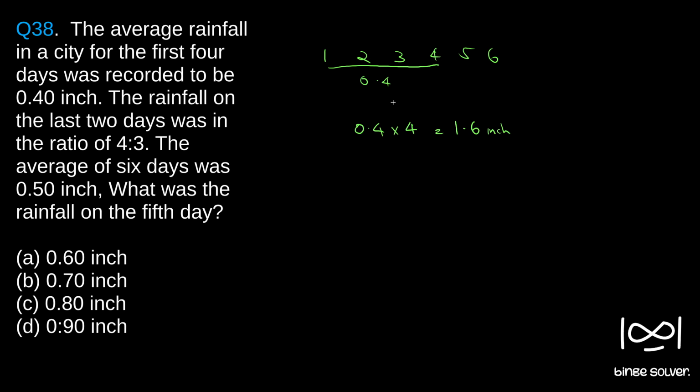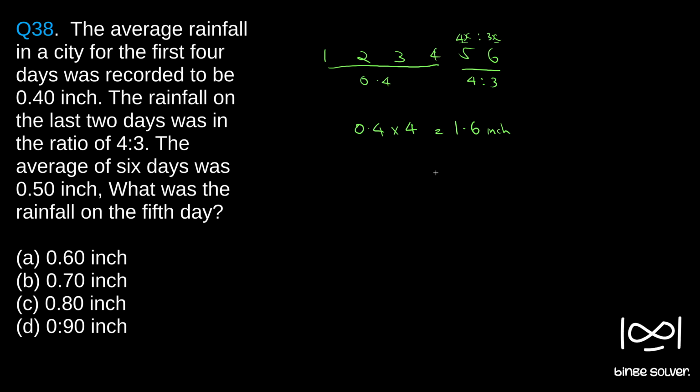It is given the rainfall on the last 2 days was in the ratio 4:3. The rainfall that fell on the 5th and 6th days was in the ratio 4:3, so let it be 4x and 3x.